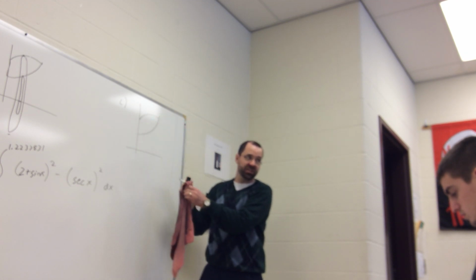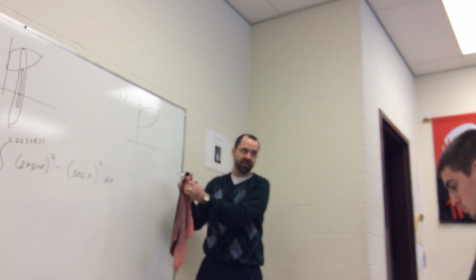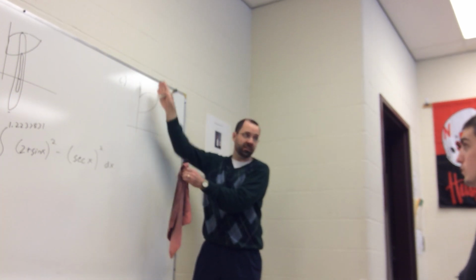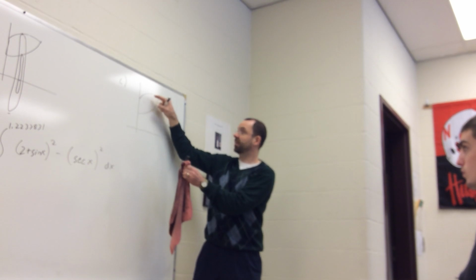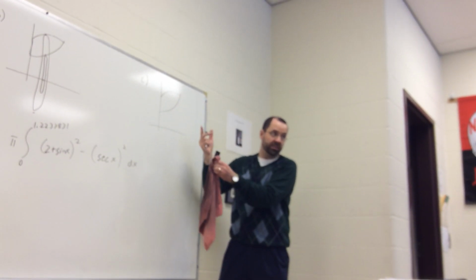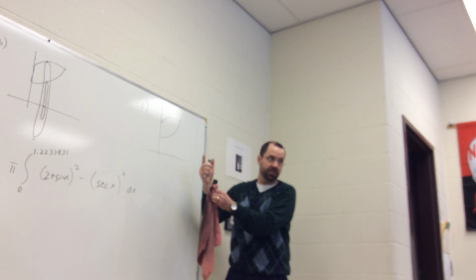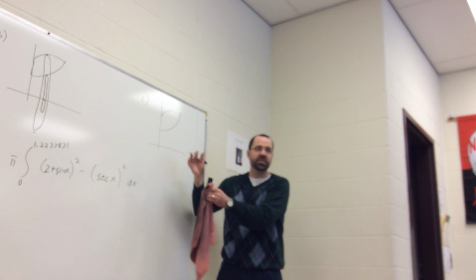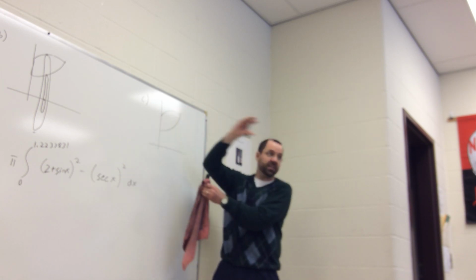And then it says cross sections perpendicular to the x-axis. So what that means is if you cut it perpendicular to the x-axis, you get cross sections that look like squares. So you cut it here and you've got a square.